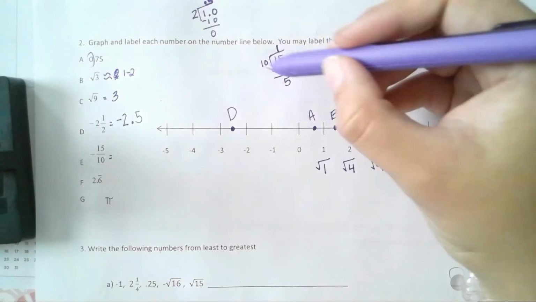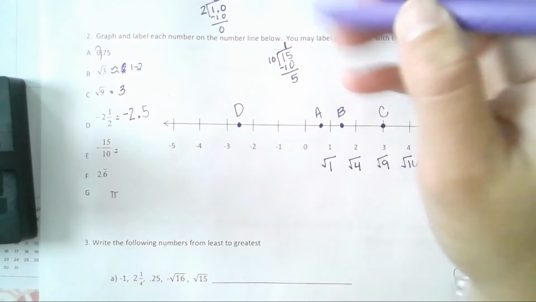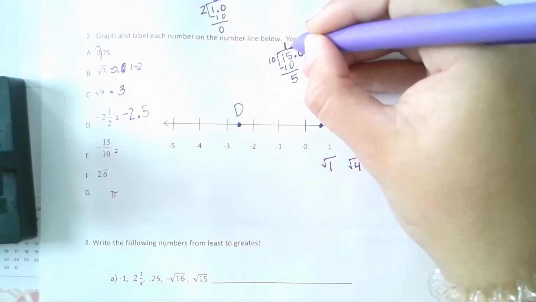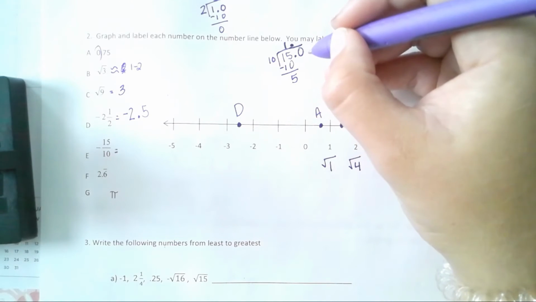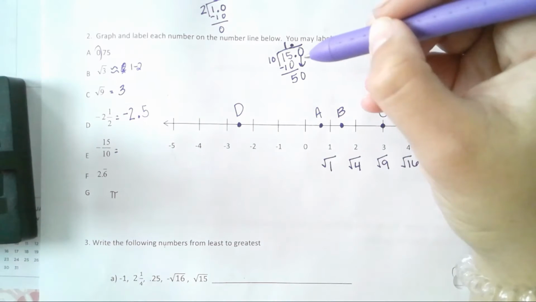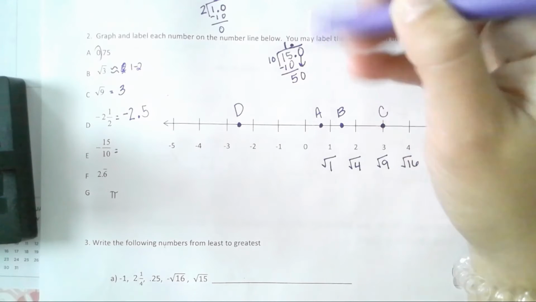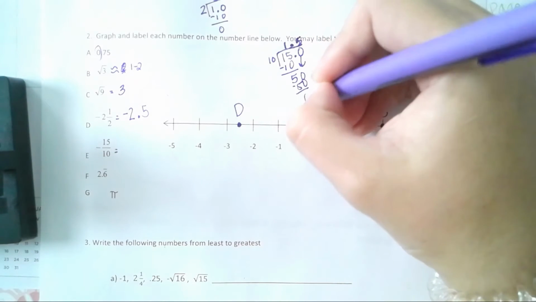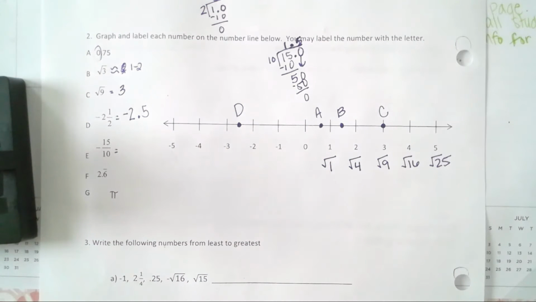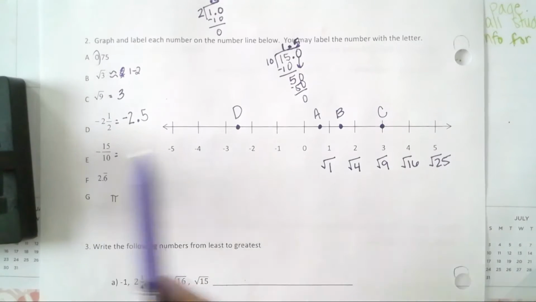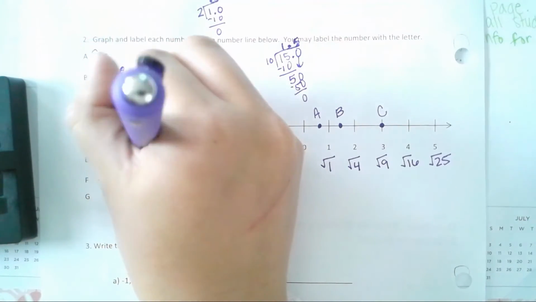So if 10 does not go into 5, remember you add your decimal point and that 0, and I go ahead and move up my decimal point up there at the top. Then I can bring down that 0, and 10 goes into 50 5 times. And that's when I finally get my remainder of 0. So negative 15 over 10 is the same thing as negative 1.5.